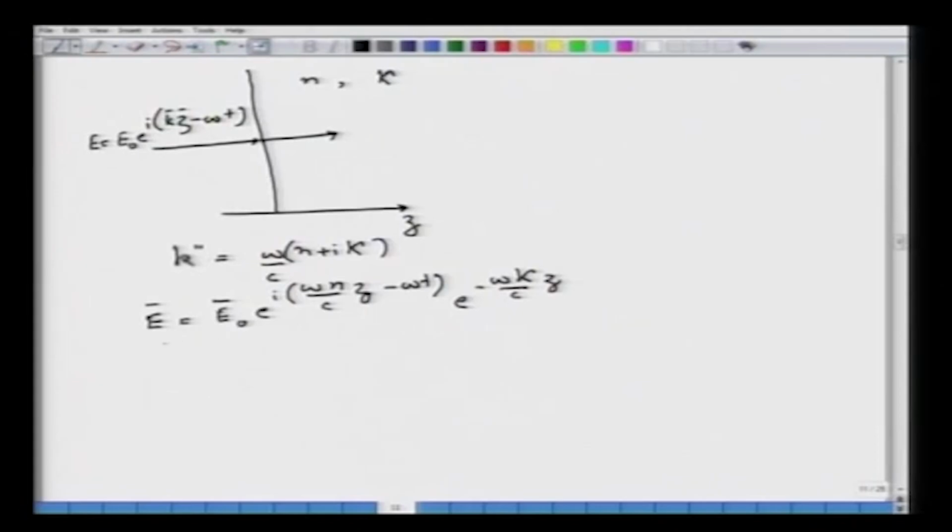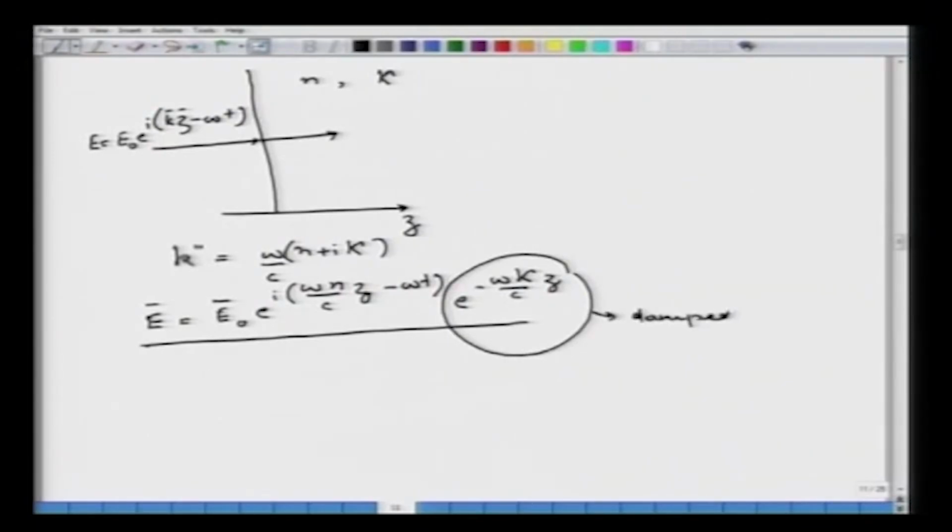Now, this wave equation is basically a damped wave equation. The magnitude of the electric field is reduced by this factor. This is a damping factor for the electric field.